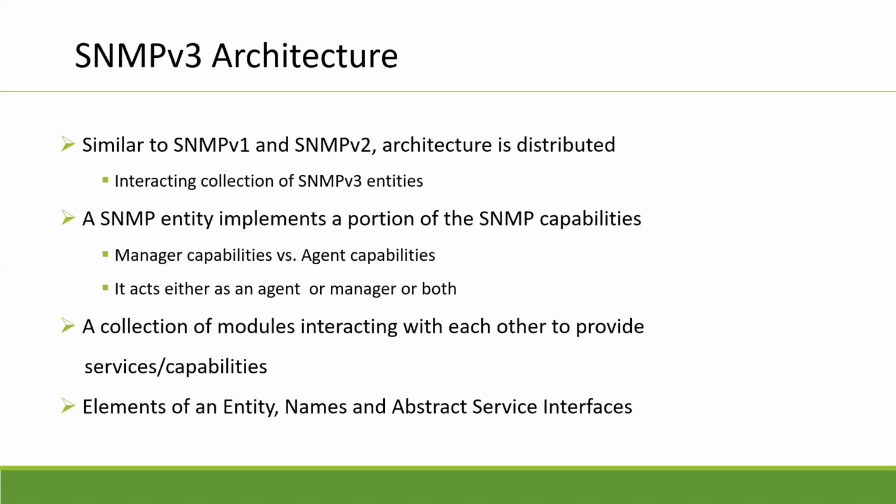It acts as an agent or a manager or both, and is a collection of modules interacting with each other to provide services and capabilities. We are going to see the architecture with the help of three different titles: elements of an entity, names, and abstract service interfaces. From the next slide onwards, we are going to see these three titles in detail.